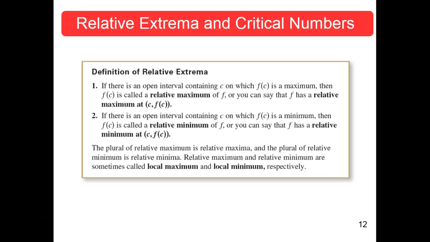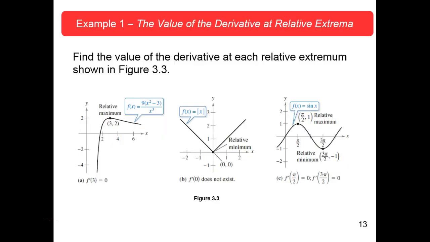The relative extrema, maximum or minimum, are sometimes called the local maximum or local minimum. The absolute maximum or minimum, global, they have other names for it. Relative, or local, means in the locality close by, those are the max or min.